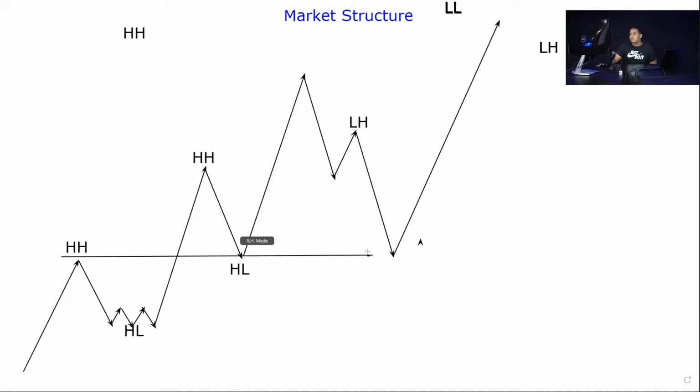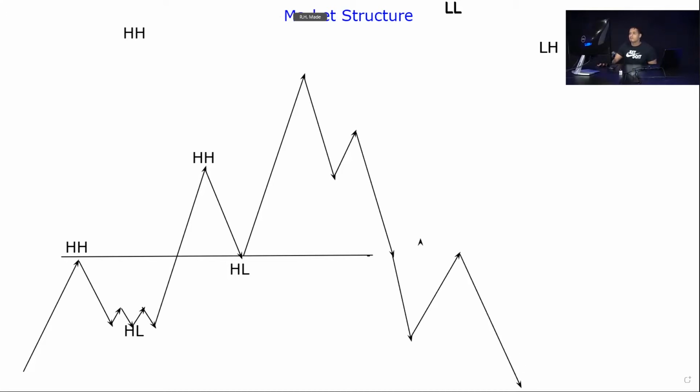In order for this to be a downtrend, we were waiting on this action right here to break. So right here now you're officially on a downtrend. The higher low has been broken and retested, so the structure of an uptrend has been broken and retested.